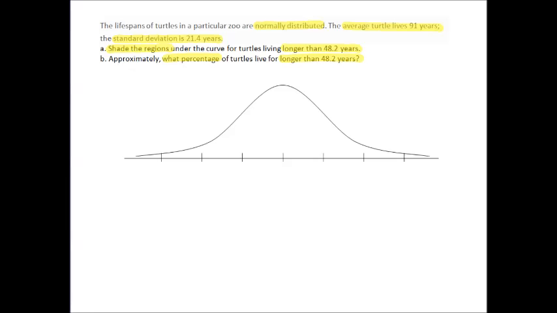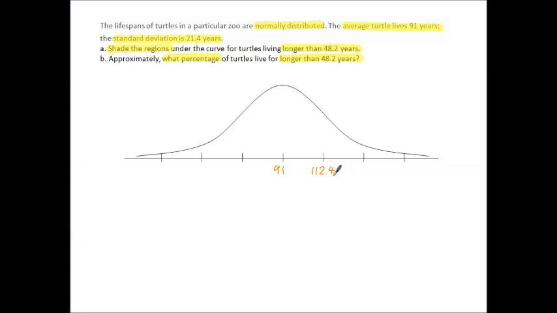First of all, we need to mark our normal distribution curve appropriately so we know which area we're really talking about. The average, we're told, is 91 years, and the standard deviation is 21.4 years. So if we move to the right, one standard deviation above the mean would be 91 plus 21.4, and that's 112.4.